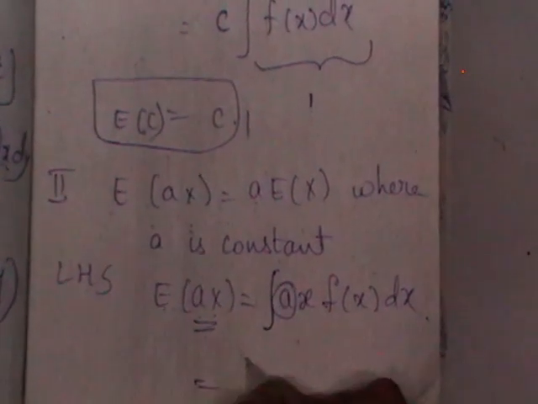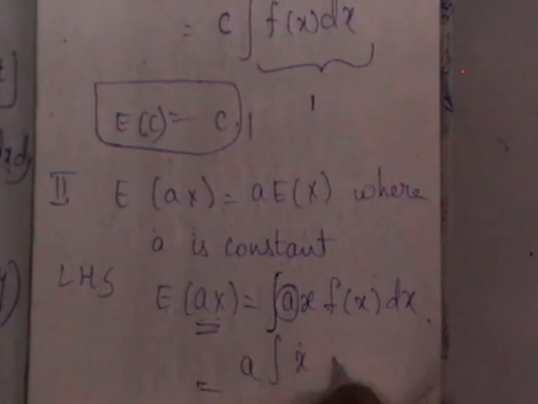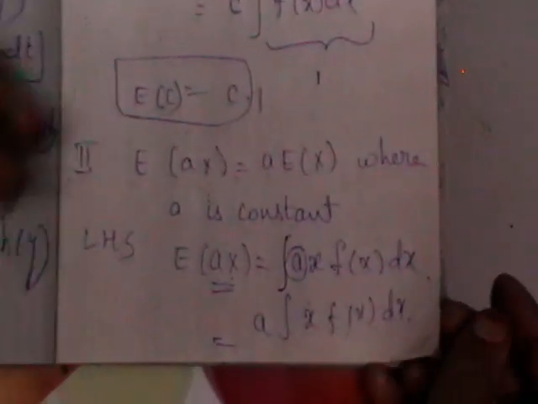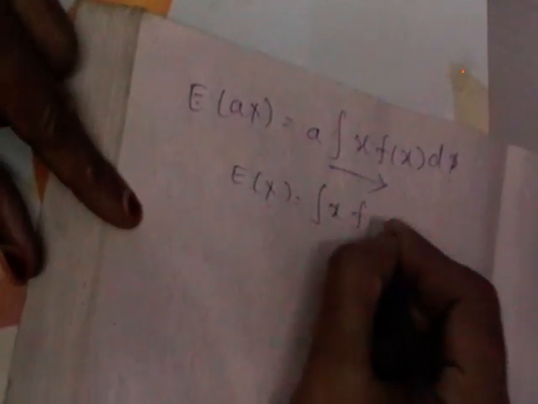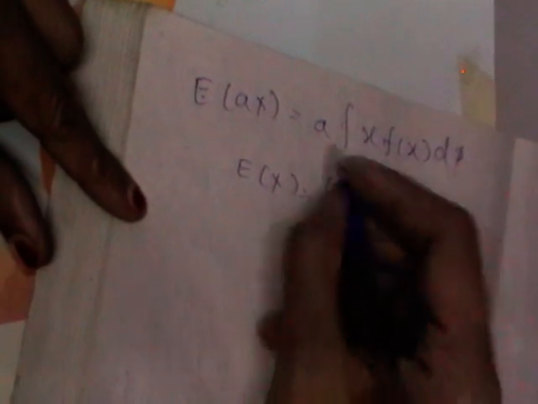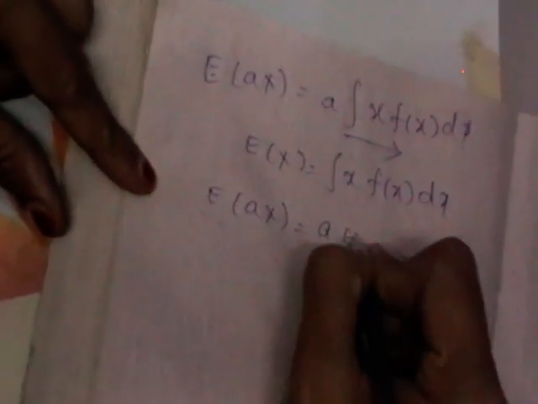Again, this A can be taken out as it is a constant: A into integral x f of x dx. What is the formula for E of x? E of x is nothing but integral x f of x dx. So we got expectation of Ax is equal to A into expectation of x.